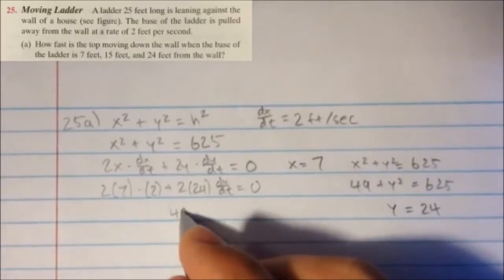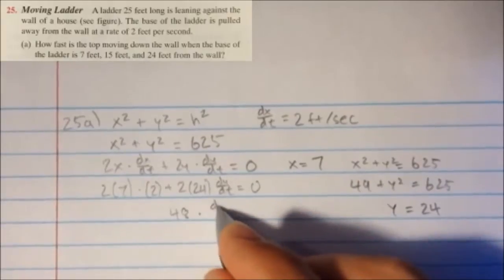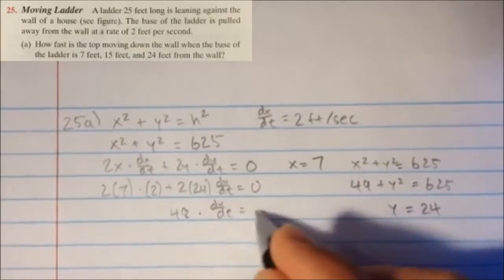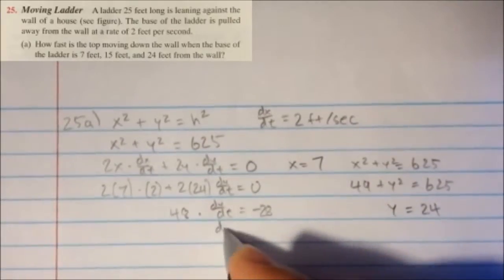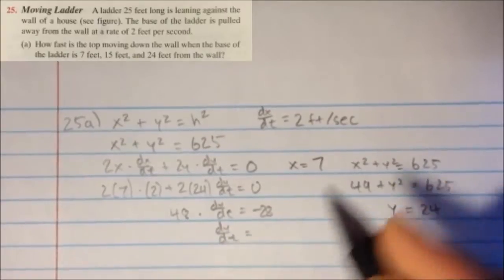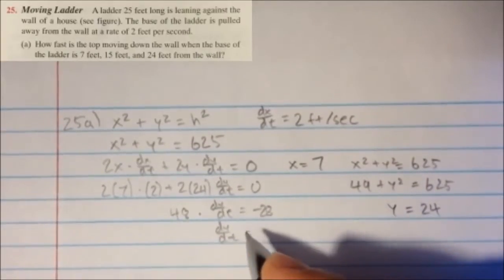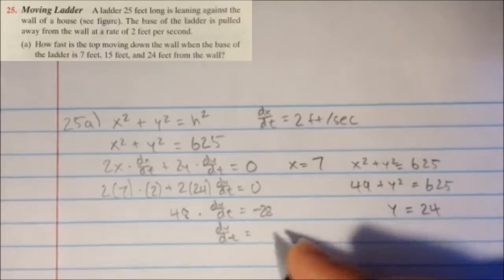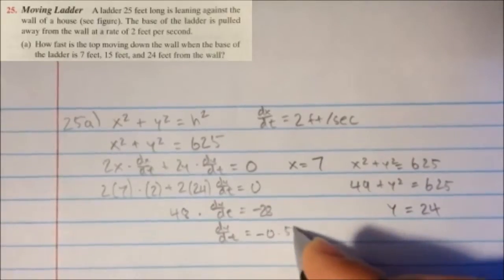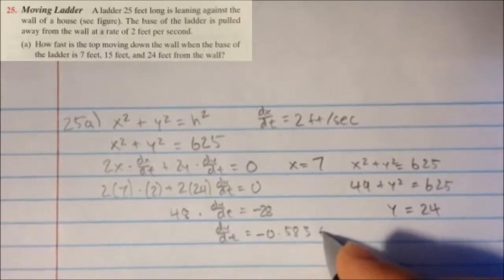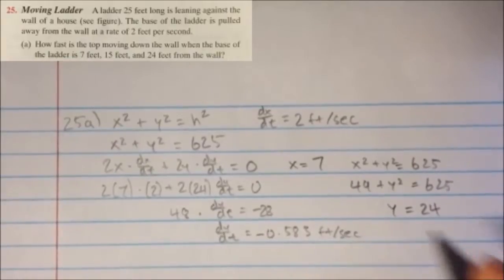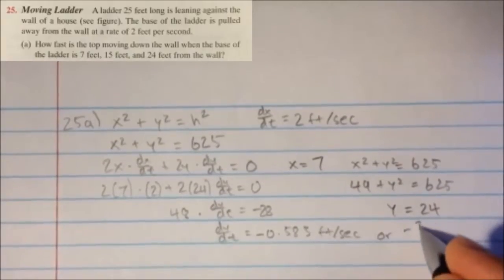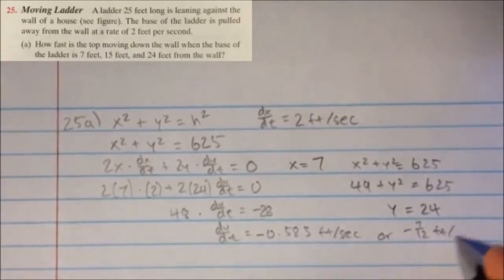And so, using basic arithmetic and algebra, the derivative of y with respect to time is negative 0.583 feet per second, or negative 7/12 feet per second.